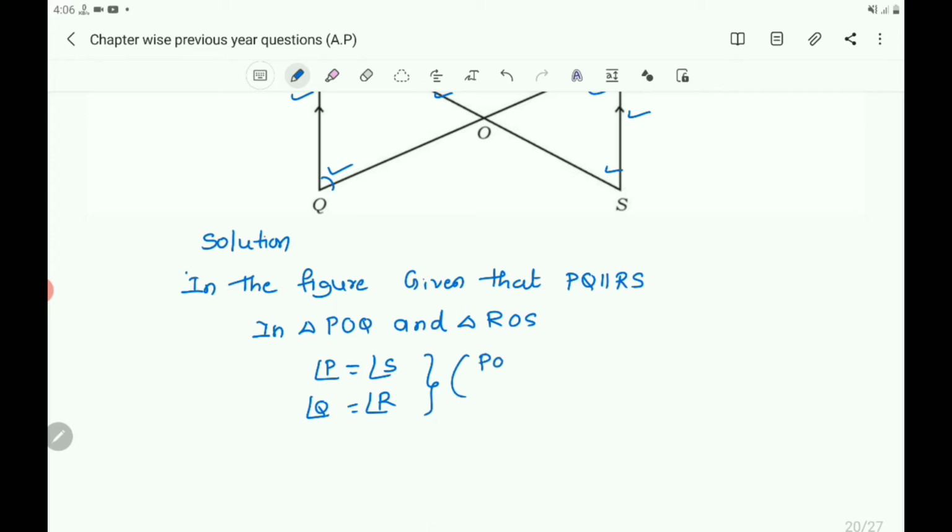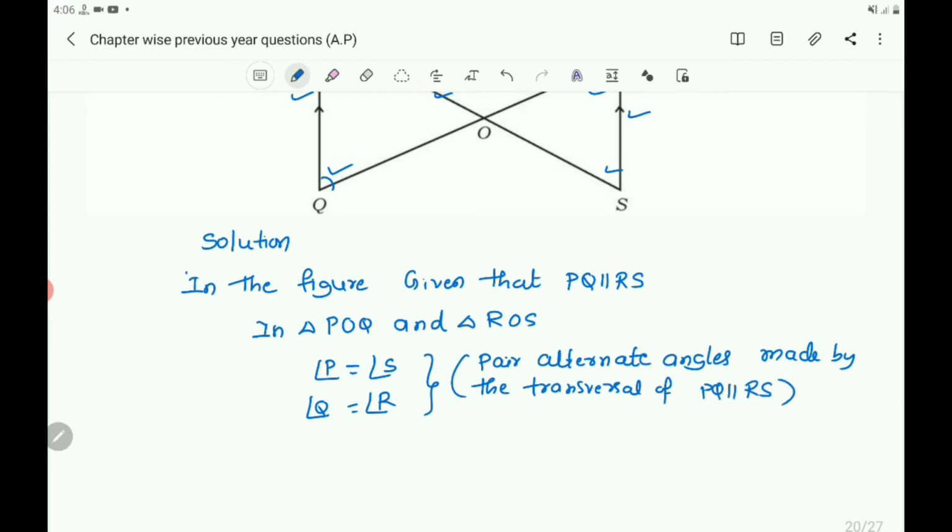Pair of alternate angles made by the transversal of PQ parallel to RS.